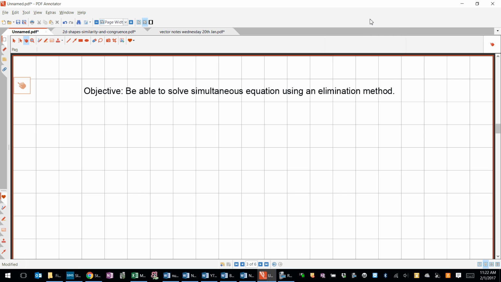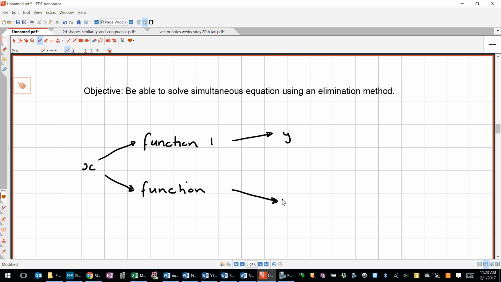I know we've done this over and over again, but the whole point is that if we have two different functions, function 1 and function 2, as we said before, if I put an x value into each function, normally you would get different, unique y values out.